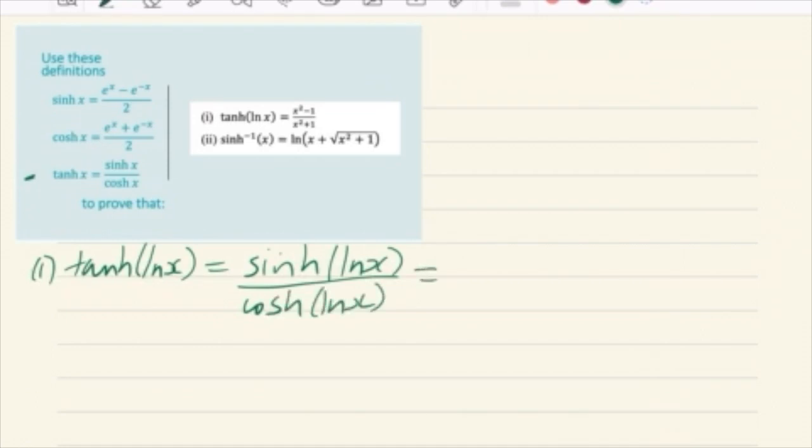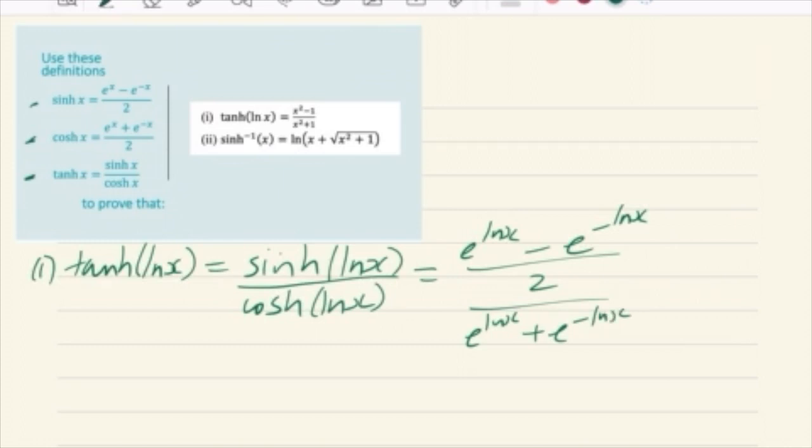Cool, and now we'll use the first and second definitions. So it looks like a bit of a gross fraction, but the 2's will cancel, and we can see that we have e to the ln x, which will just be x because ln x is the inverse of e.